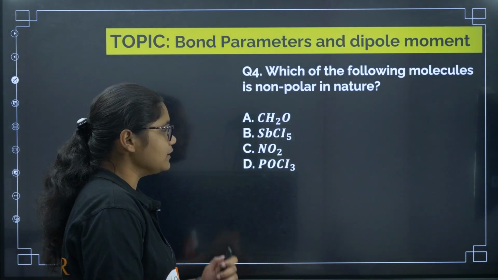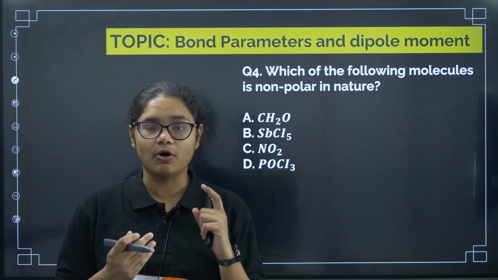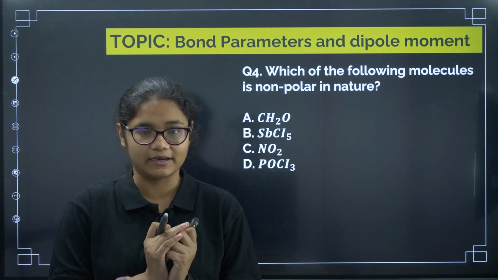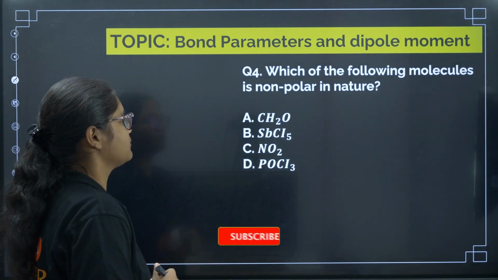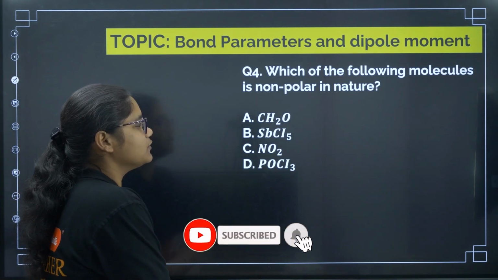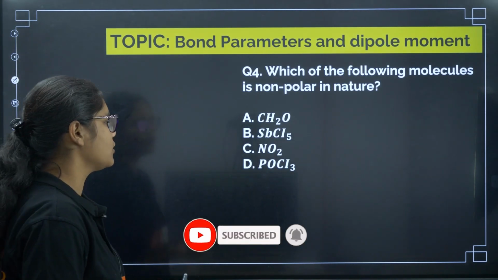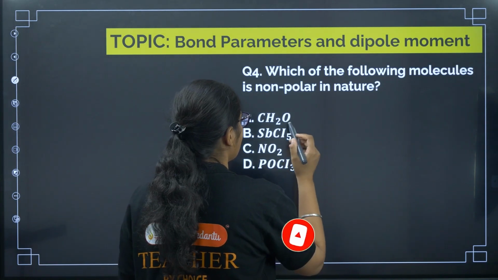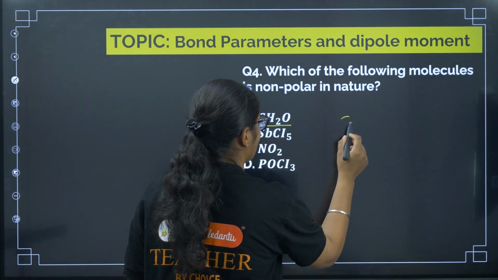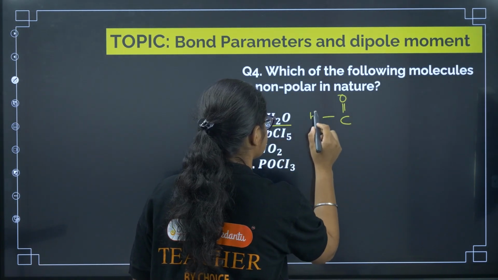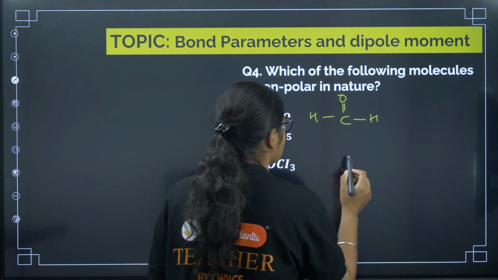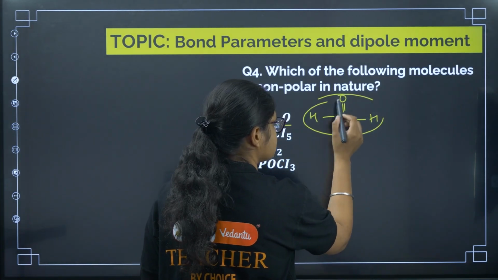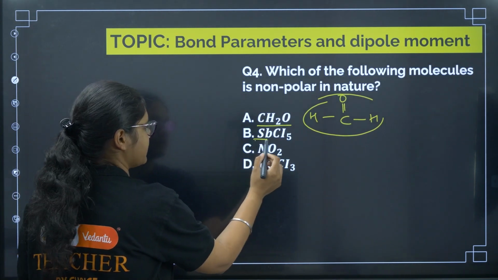Next, this is the most important part, bond parameters and dipole moment, very important part, and VSEPR theory. We'll be discussing a few questions from here. Which of the following is non-polar in nature? If you see, we have CH2O. If you draw this one, this is the structure of CH2O. This is a polar molecule because oxygen is there. Then SbCl5.